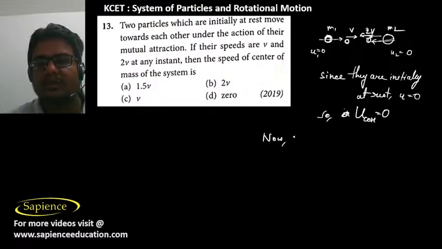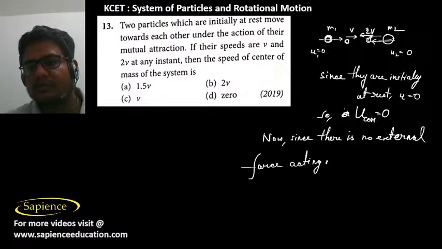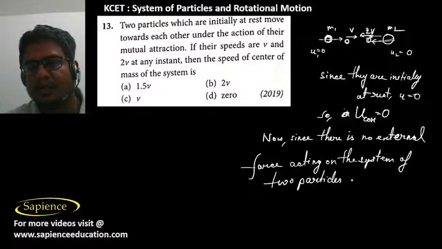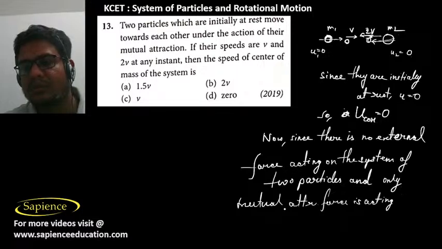Now there is no external force acting on this system of two particles, and only their mutual attraction is acting. This mutual attractive force is only an internal force in the system.